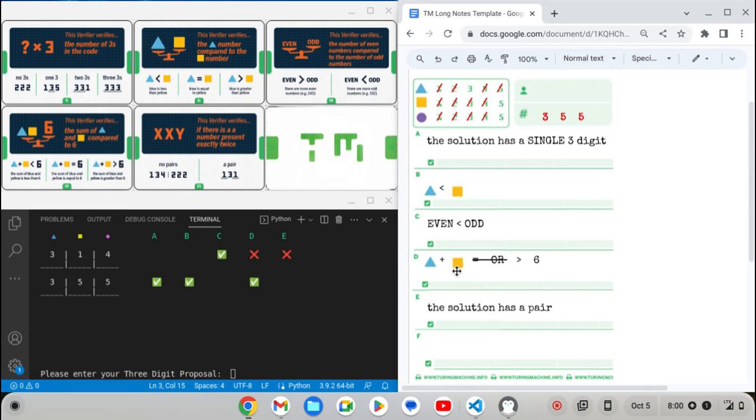And then again, there could have been different possibilities, especially with criteria card B. It could have been the other way around, where maybe triangle were greater than square. That would have given us a different kind of solution, but it worked out.